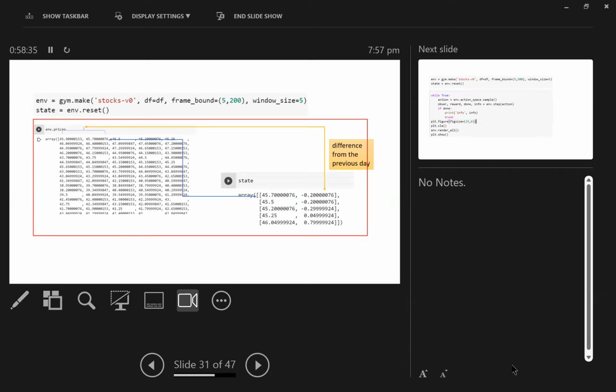This is the state that you will get. Initially you have one state, and then the agent needs to take an action, and that action is basically to decide whether it's a long or short position.